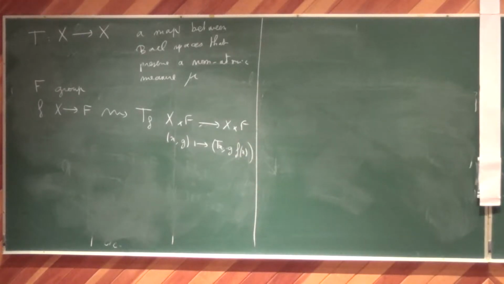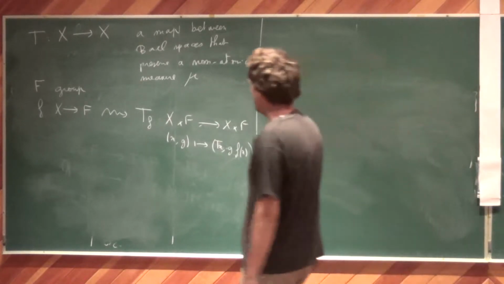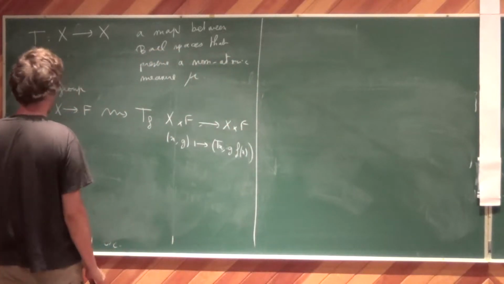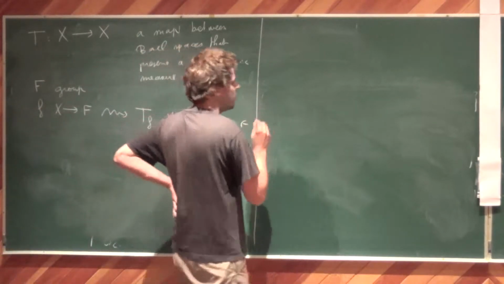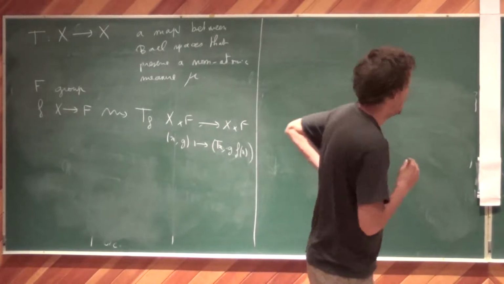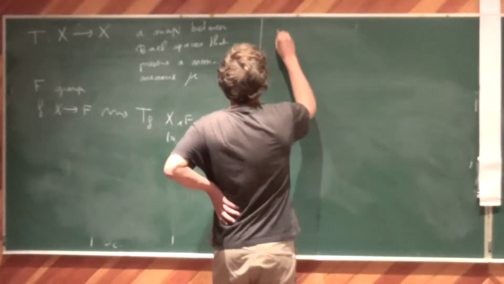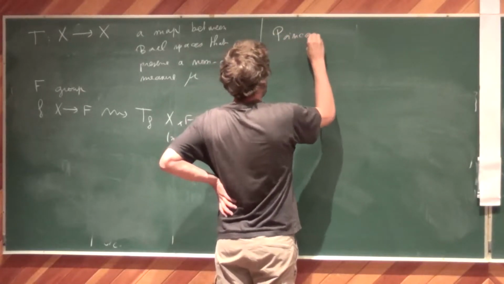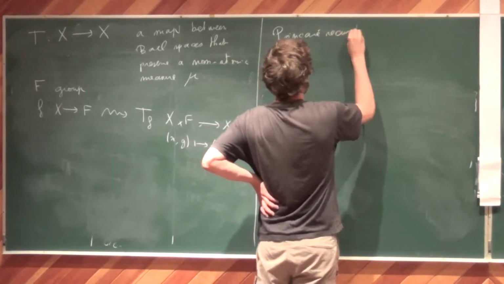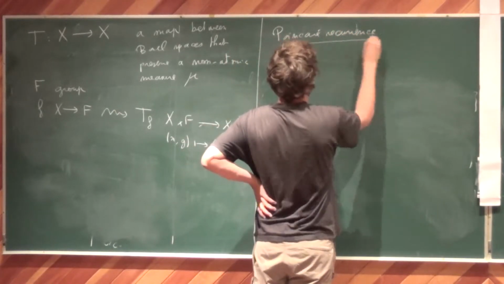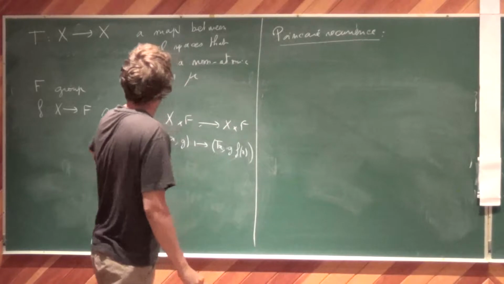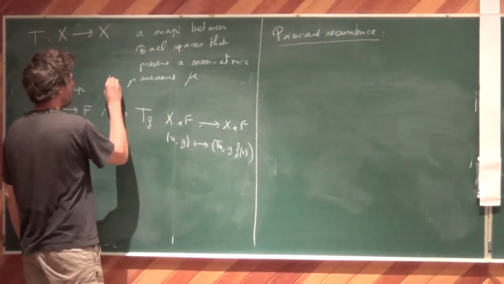So, first of all, perhaps this is one of the best theorems in ergodic theory. This is about recurrence. This is the Poincaré recurrence theorem. Here there is a probability measure.